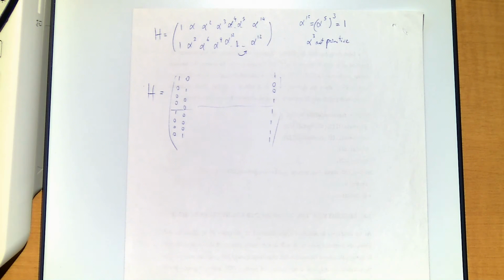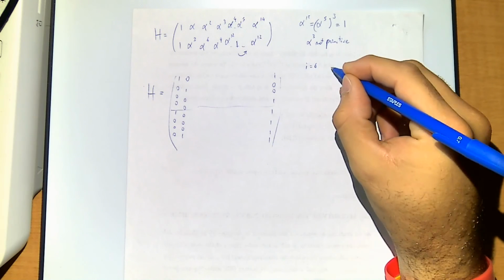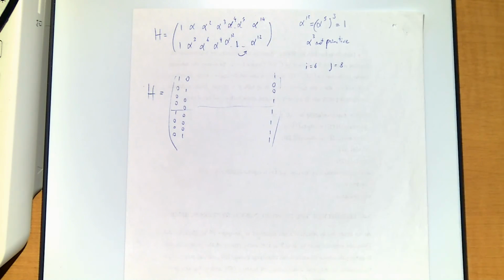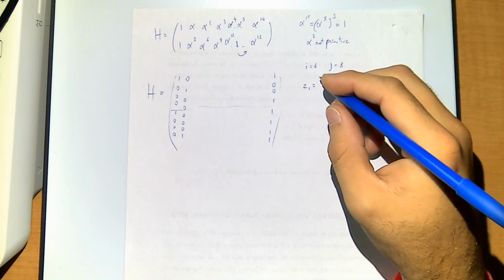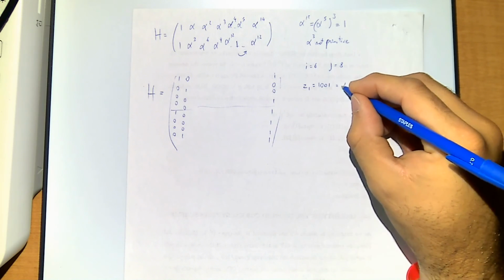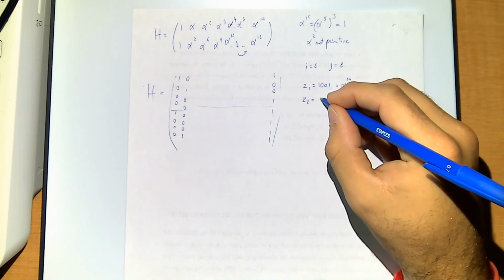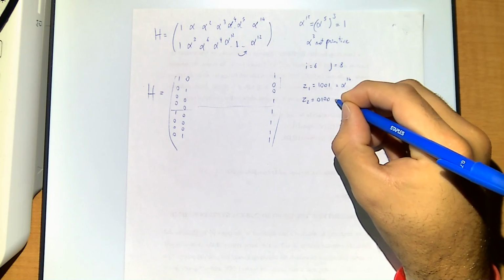For an example, suppose that you receive a column and two errors occurred in positions i equals 6 and j equals 8. Then what you get is z1 equal 1001, which is alpha to the 14, and z2 is 0100, which is alpha.